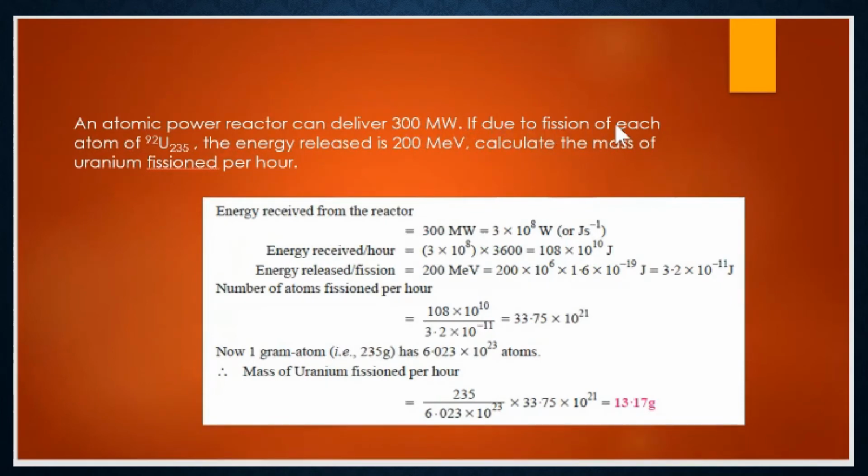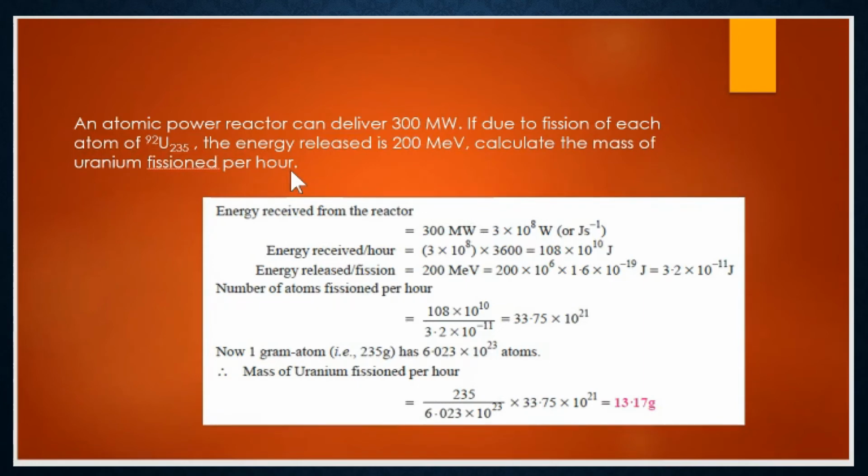If due to fission of each atom of uranium-235, the energy released is 200 mega electron volts, calculate the mass of the uranium fissioned per hour.